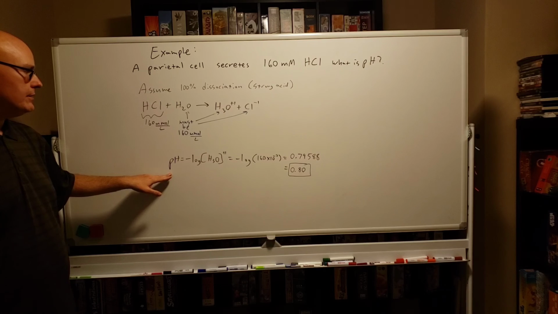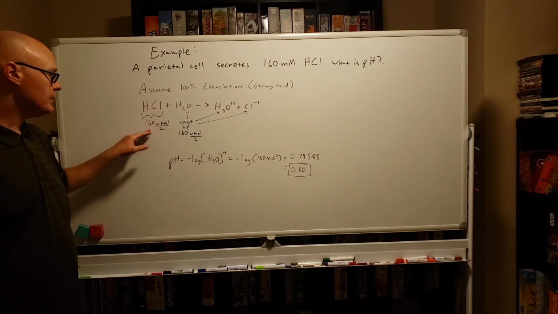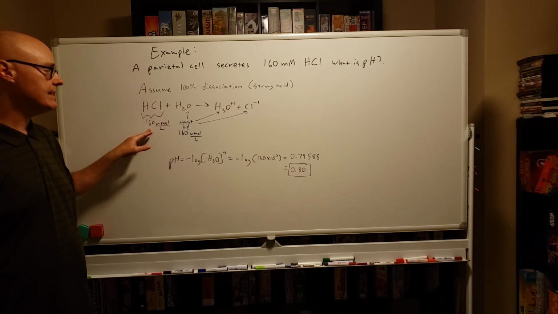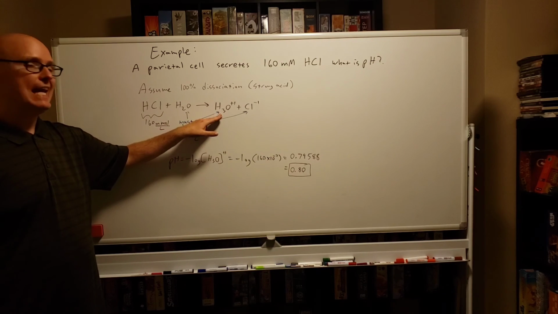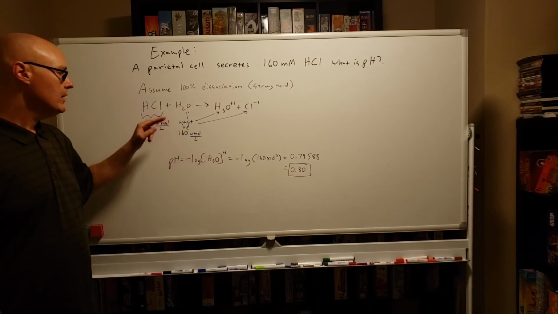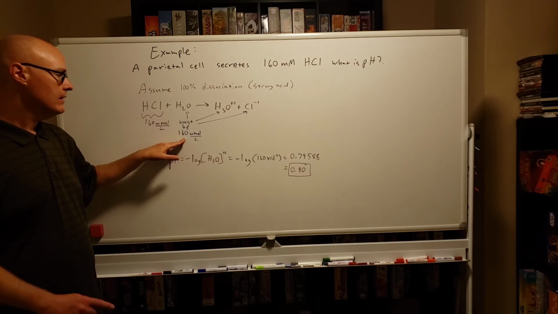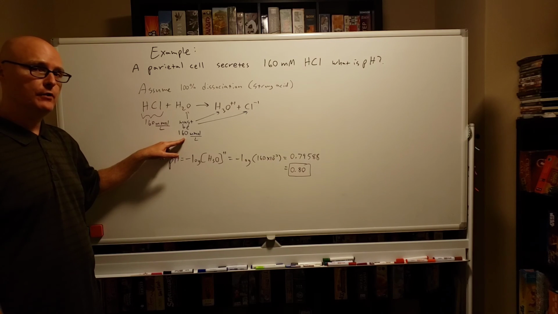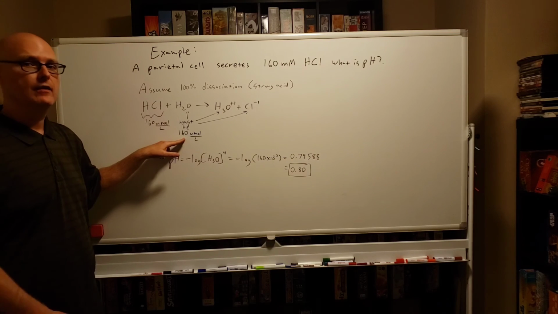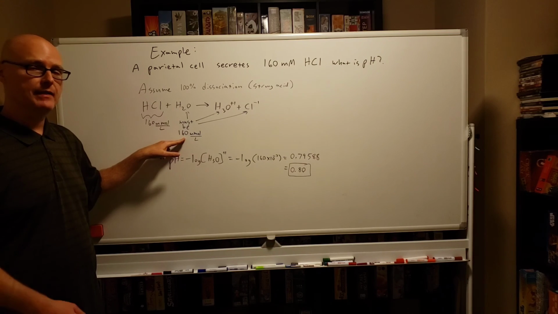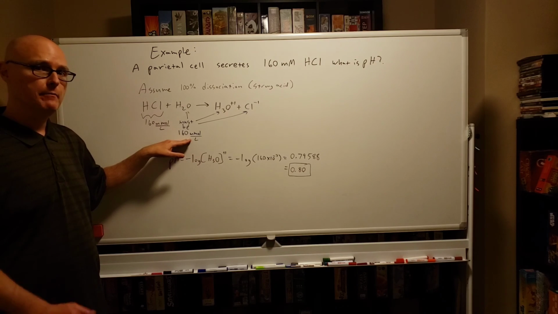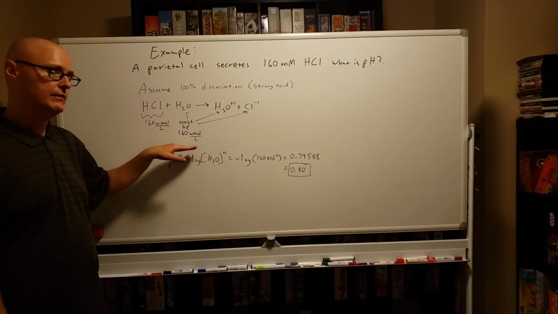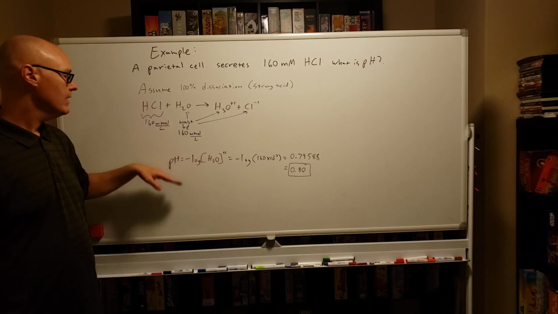So since this is true, the concentration of the hydrochloric acid is exactly equal to the concentration of the hydronium that is added. I add 160 millimoles per liter to 10 to the minus 7 moles per liter. 10 to the minus 7 moles per liter is incredibly small compared to 160 millimoles per liter, so it's effectively non-existent.